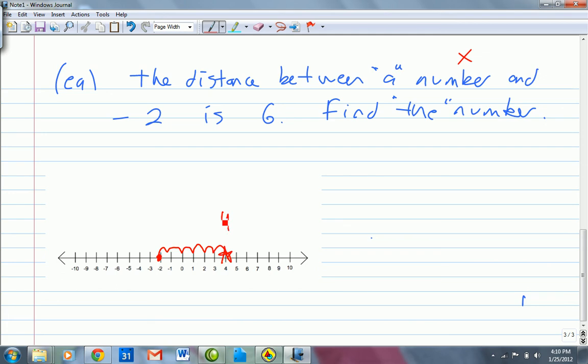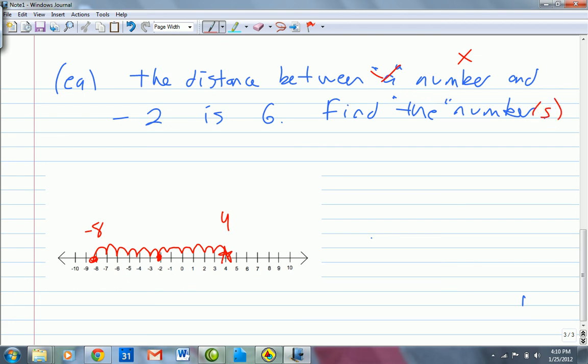Okay, 4 is one possible solution. But because we're on the number line, I can also move to the left 6 units. 1, 2, 3, 4, 5, 6, and arrive at negative 8. Bam. Okay. So it's not really a number, it's two numbers. It's not really the number, it's the numbers.